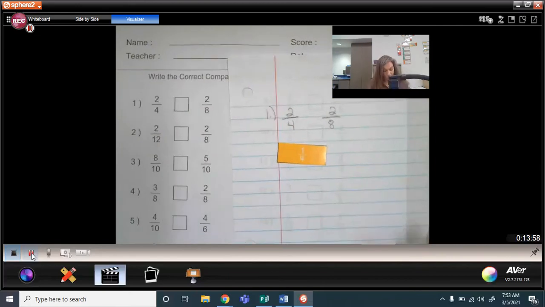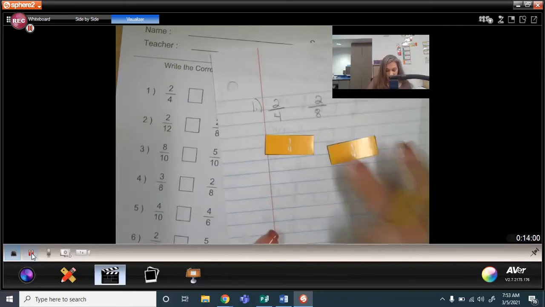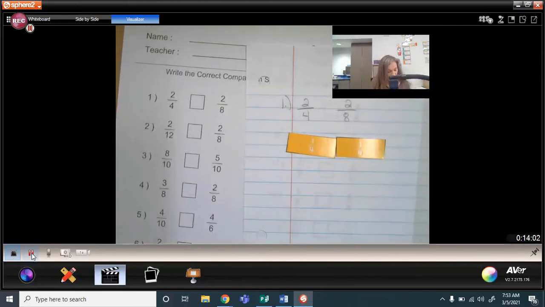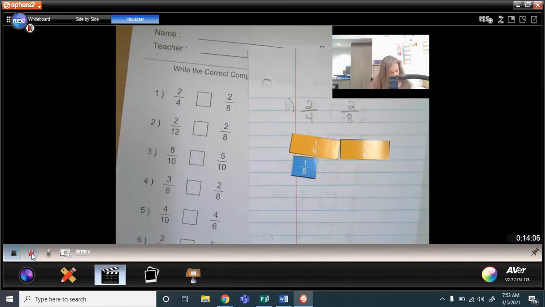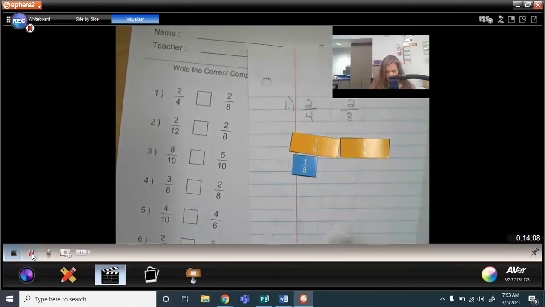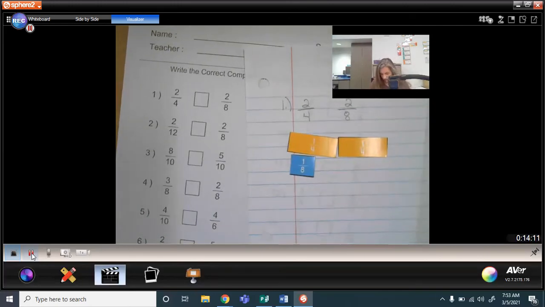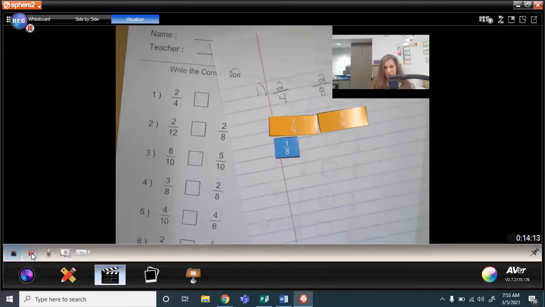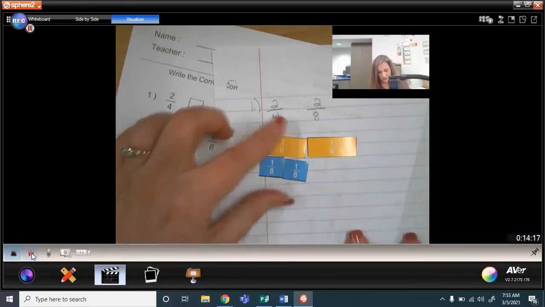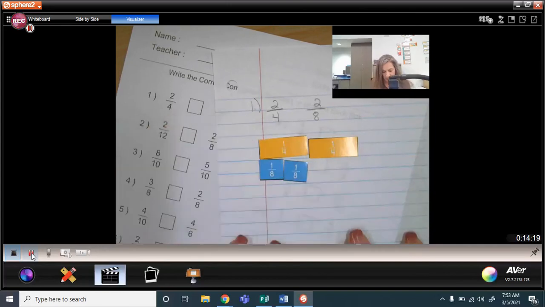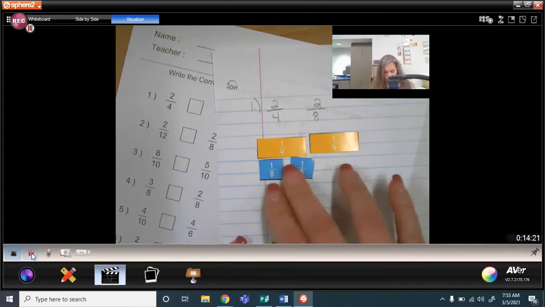I would really like for you to take your fraction strips and continue using those until you feel very comfortable with the idea that your 8ths are going to be smaller than your 4ths.